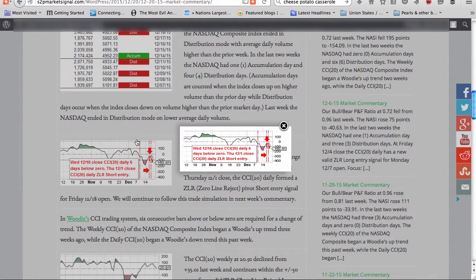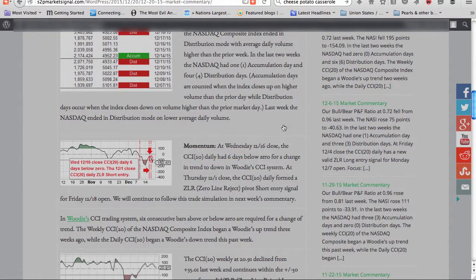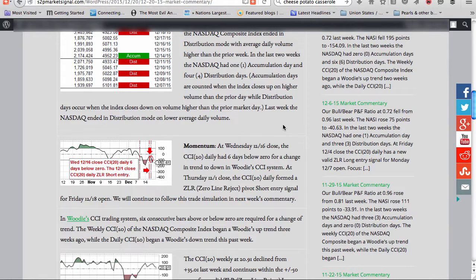Momentum. At Wednesday 12/16 close, the CCI 20 daily had 6 days below zero for a change in trend to down in Woody's CCI system. At Thursday 12/17 close, the CCI 20 daily formed a zero-line reject pivot short entry signal for Friday 12/18 open.